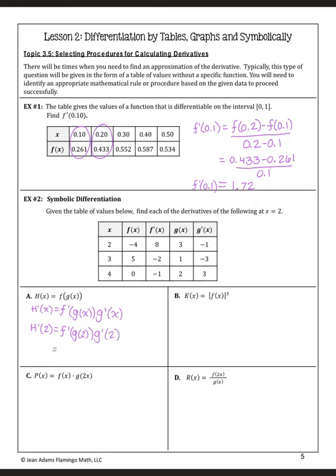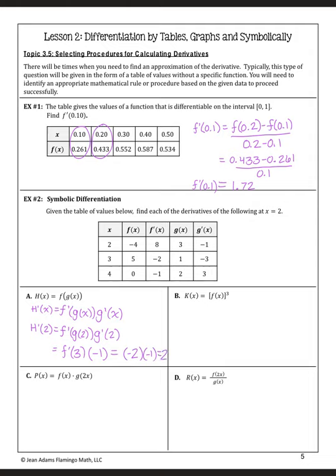So g of 2 is 3. G prime of 2 is negative 1. So I can have f prime of 3 times negative 1. Well, f prime of 3 is negative 2. So I have negative 2 times negative 1, which is equal to 2.